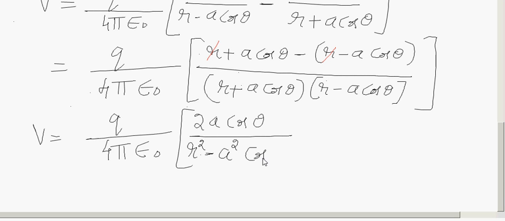Since R plus a cos theta into R minus a cos theta is of the form A plus B into A minus B, it simplifies to R square minus a square cos square theta.